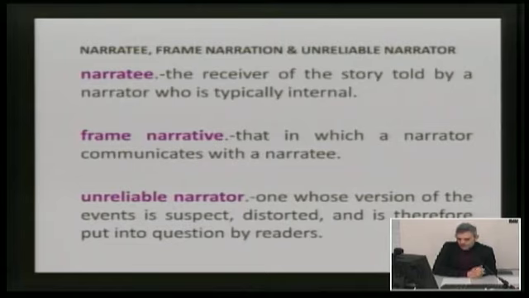So here is a definition of unreliable narrator: one whose version of the events, whose version of the story is suspect, distorted, and must therefore be put into question by readers. In other words, in unreliable narration, there is a discrepancy between what the narrator says and what readers can deduce, conclude from the text.